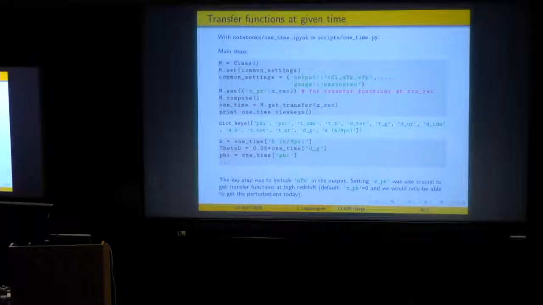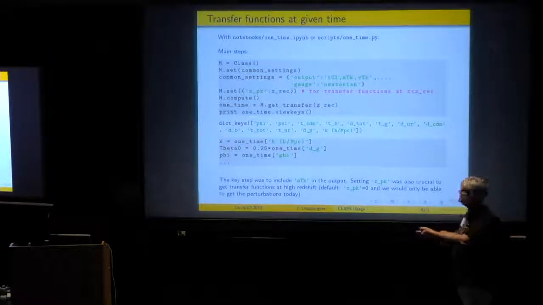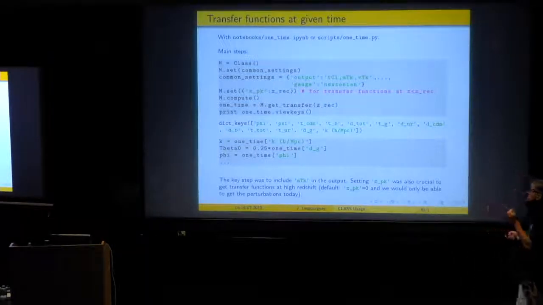And then I want my matter and velocity transfer functions to be stored up to a maximum value of z. If I don't specify which value, the code will be lazy and will store them only up to a redshift of 0, so only today. I don't want the code to be so lazy. I want it to store the quantities until the redshift of recombination.